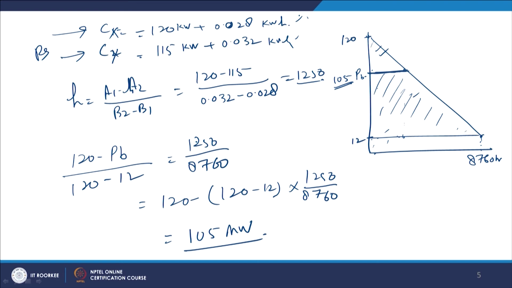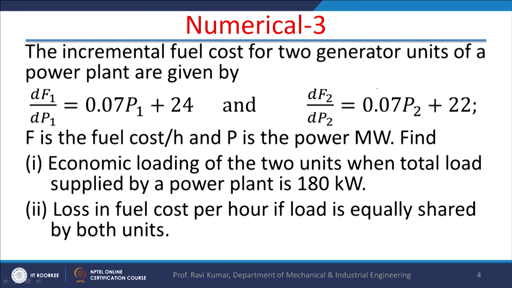Okay, and the next numerical is again about the economics of the power plants. The incremental fuel cost for 2 generator units of a power plant is given by dF1 by dP1, this is the incremental fuel cost, equal to 0.07 P1 plus 25, and dF2 by dP2 is equal to 0.07 P2 plus 22.